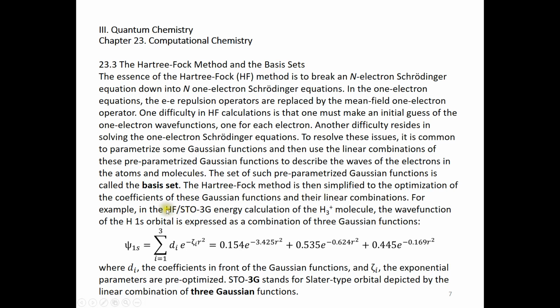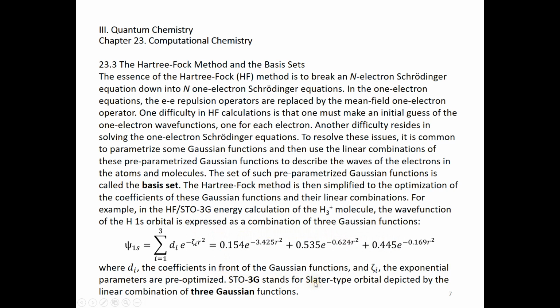For example, in the Hartree-Fock energy calculation of the H3+ molecule, the wave function of the hydrogen 1s orbital can be expressed as a combination of three Gaussian functions. So over here we have 1, 2, 3 Gaussian functions, and this is called the STO-3G basis set.